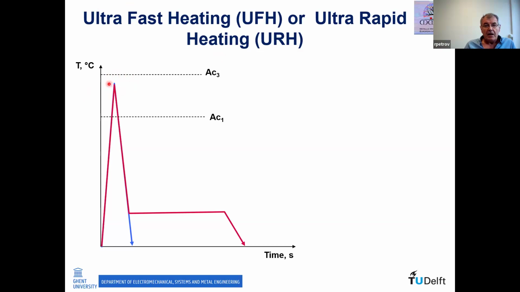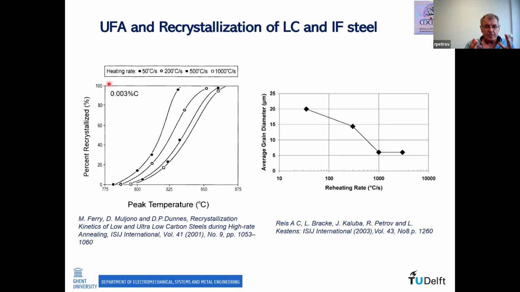This is something which has also been studied quite a lot over the years, and I will put here two specific points. One point is how this phenomenon is projected in low carbon and IF steels, nearly pure iron. As you can see here, this is the work of Michael Ferry. This is the recrystallized fraction, and this is the start of the recrystallization, end of the recrystallization.